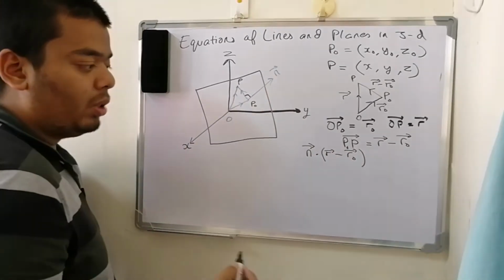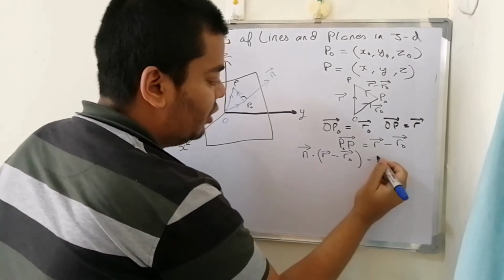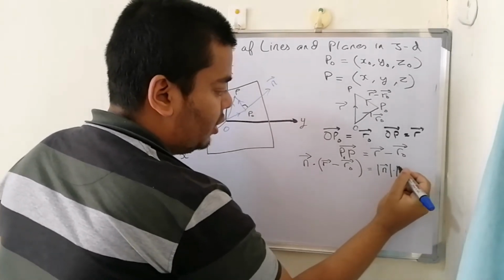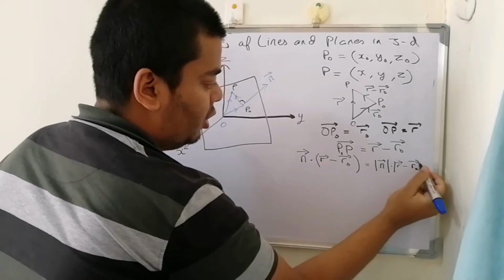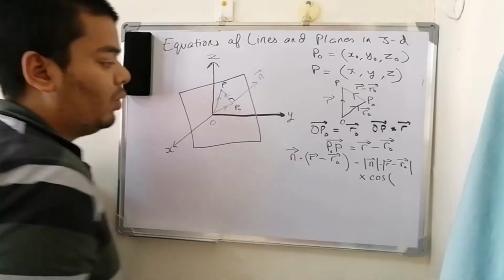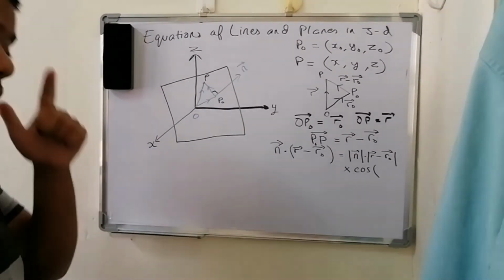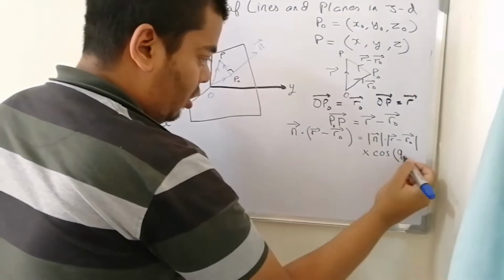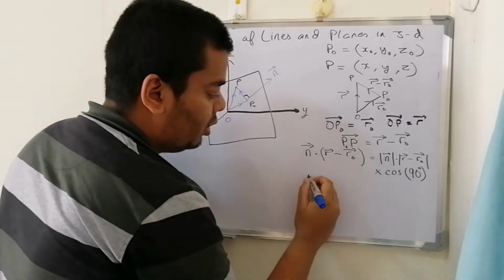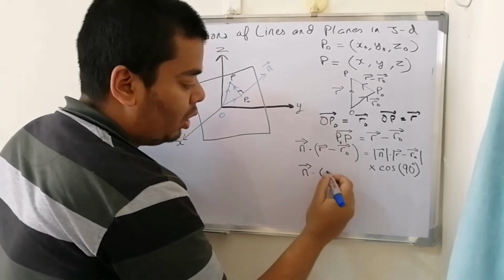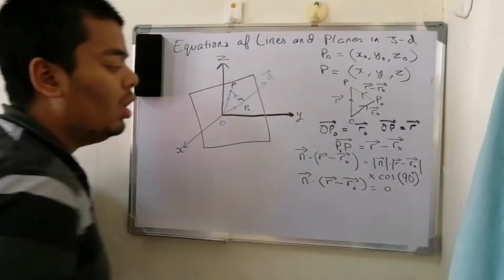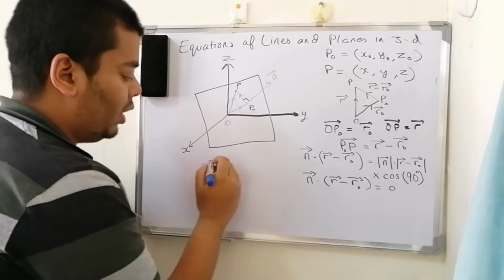We'll take the magnitude of the vector n times the magnitude of the vector R minus R naught times cos of the angle between them. What is the angle between these two vectors? I said they're perpendicular, so the angle is 90 degrees, and cos of 90 is 0. So the dot product between the two vectors is 0. If you expand the bracket, we'll have this function right here.